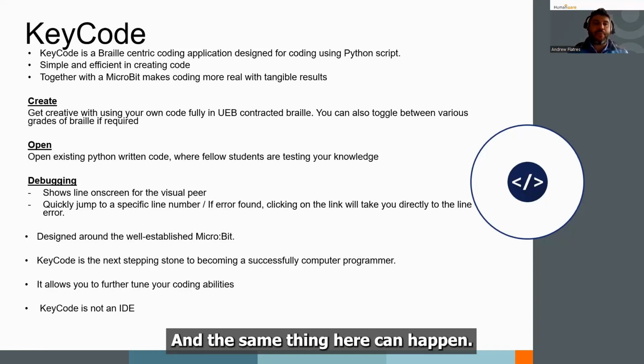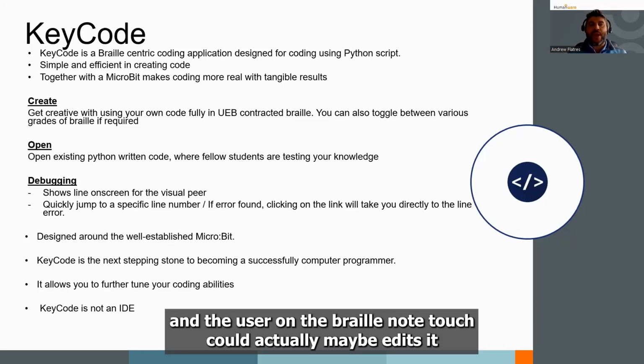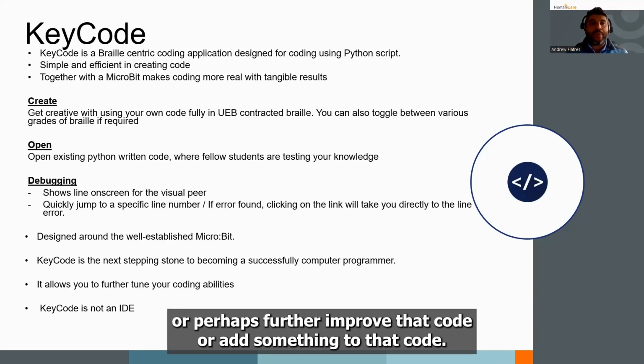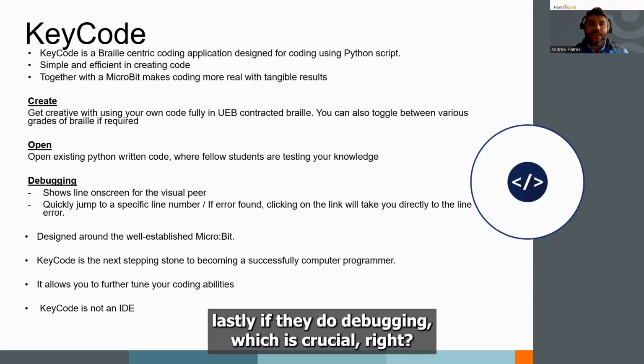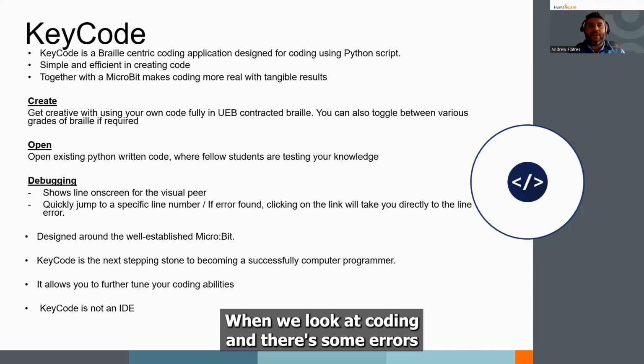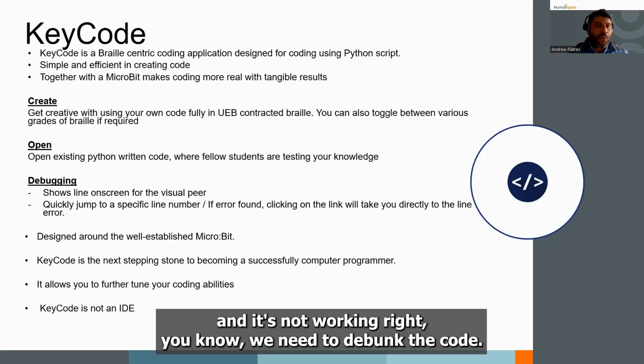The same thing can happen here. You can share the code, and the user on the BrailleNote Touch could edit it, further improve it, or add something to it. And then lastly is the debugging, which is crucial, right? When we're looking at coding and there are some errors and it's not working right, we need to debug the code.